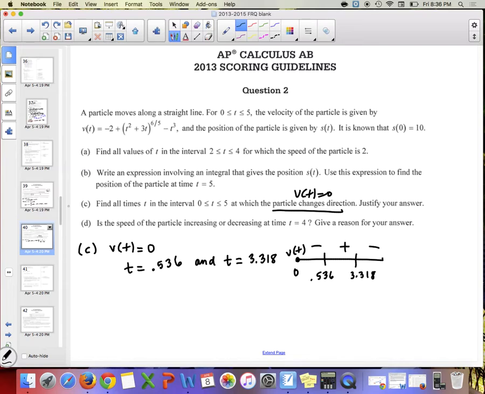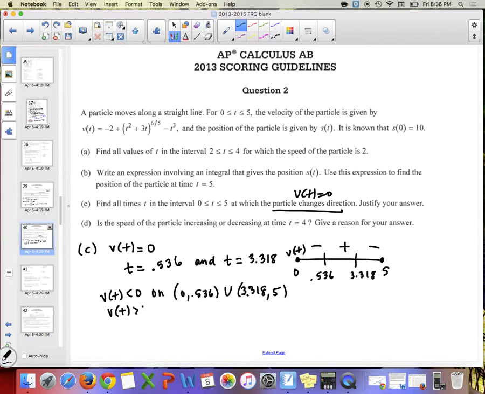And you do need to close these from 0 to 5, right? So we're going to justify our answer. This is where you should really write what's happening in the sign chart. So we're going to say v of t is less than 0 on 0 to 0.536, and also on 3.318 to 5.